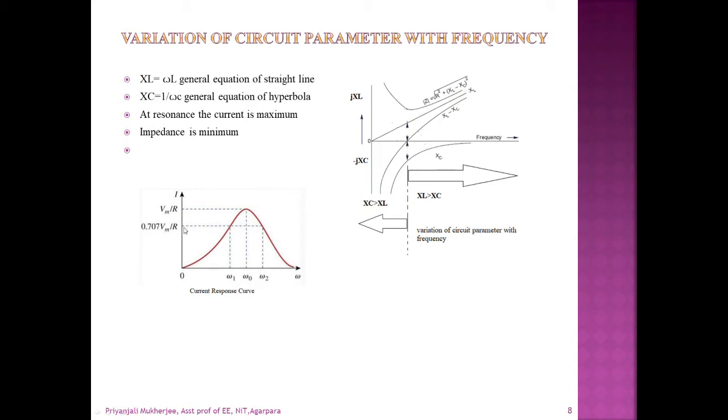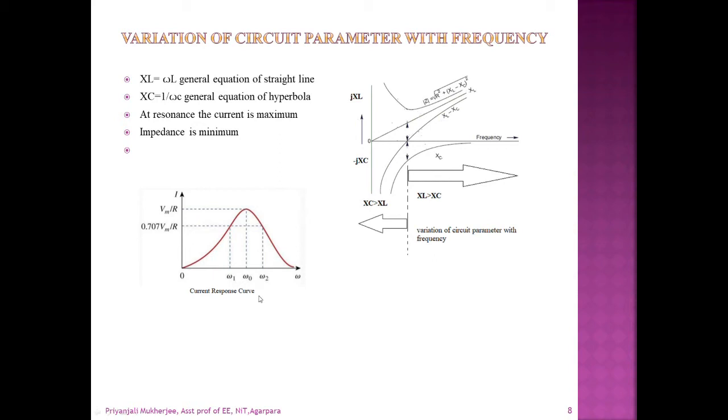In both cases the current is Imax by root 2 and the voltage is Vmax by root 2, so the power becomes the RMS power, that is P divided by root 2 into root 2, that is P divided by 2, total half of the maximum power, and hence these points are called the half power points, whereas this one is the lower half power frequency and this is the upper half power frequency.